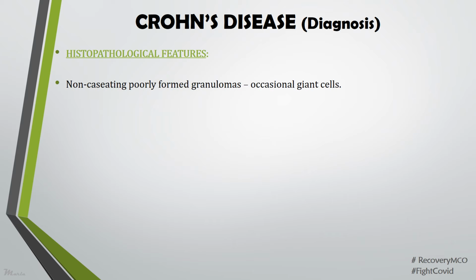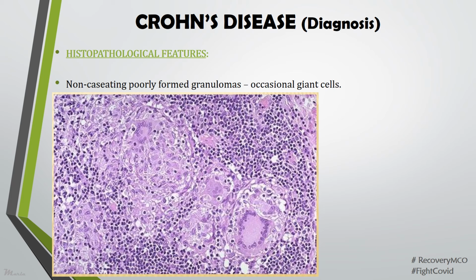As described already, non-caseating poorly formed granuloma is the most important feature of this disease. This granuloma is devoid of any necrosis and shows only focal aggregates of epithelioid macrophages along with multinucleated giant cells.